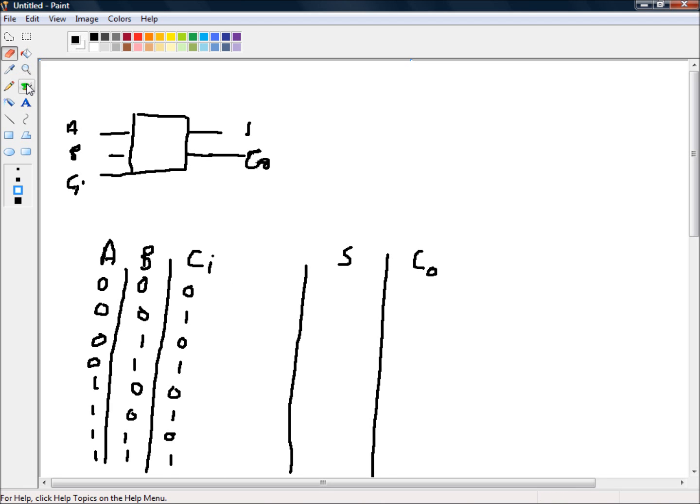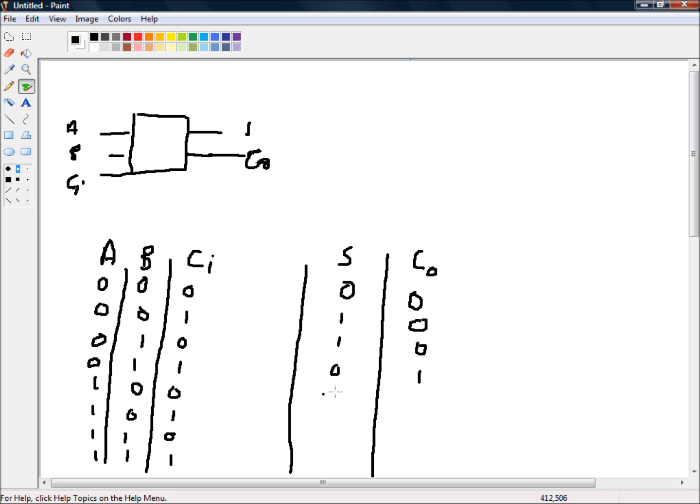Okay, so our outputs, well, if all of those are 0, then there's no sum and there's no carry. So 0 plus 0 plus 1 is 1, and there's no carry. 0 plus 1 plus 0 is 1 and no carry. 0 plus 1 plus 1 is 0, carry 1. So that's basically 2.